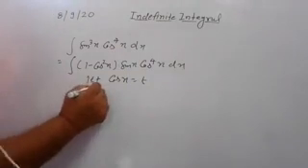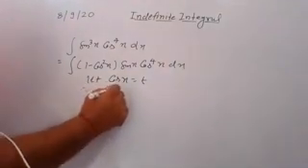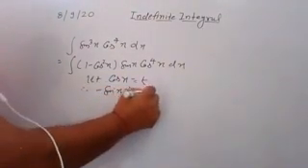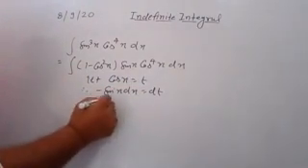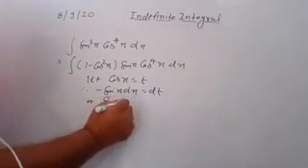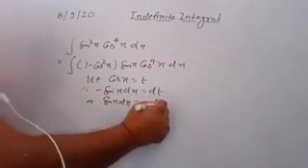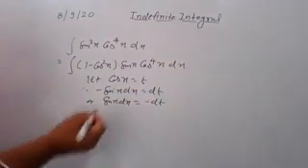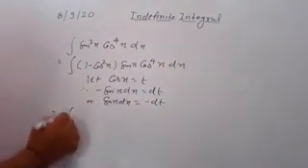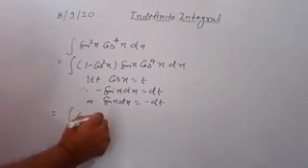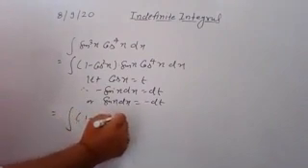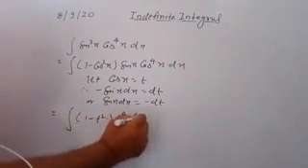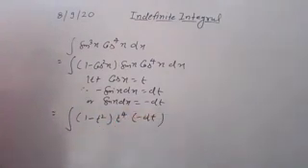And if you differentiate it, you have minus sine x dx is equal to dt, or sine x dx is equal to minus dt. Now putting here in the integral, you have 1 minus t square into t to the power 4 into minus dt.